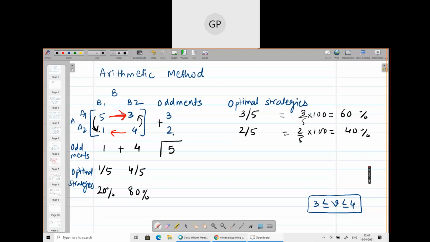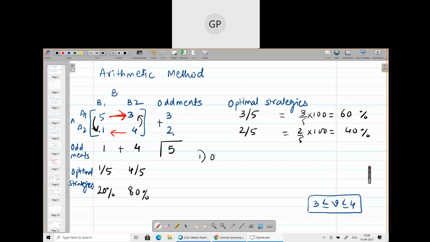Okay, so when you use percentages, the comparison is very clear. The comparison is very easy, right? These percentages are not going to help you in finding the value of the game, but they will help you in understanding which strategy is being used many times or more times. Okay. Have you understood it, girls?